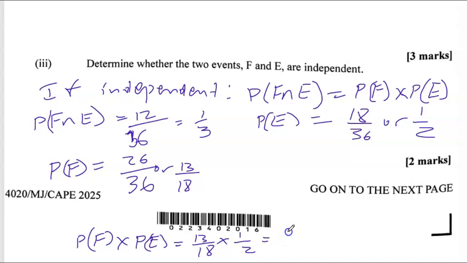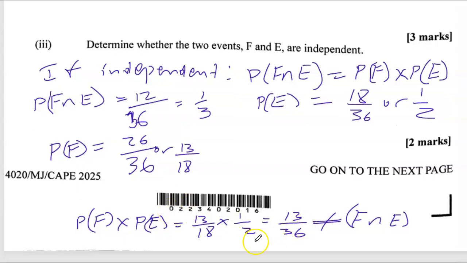That's 13 over 36. Notice it's not equal to F intersect E. Therefore, F and E are not independent.